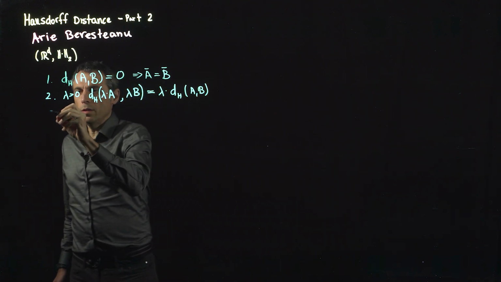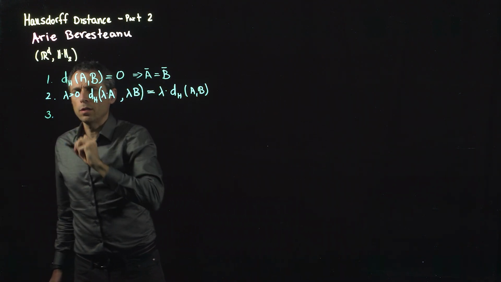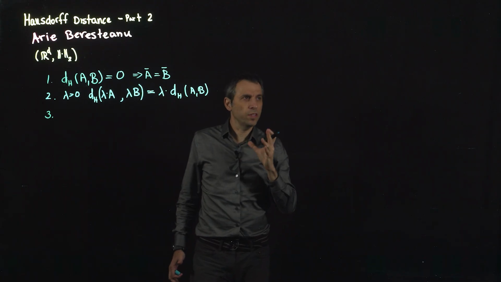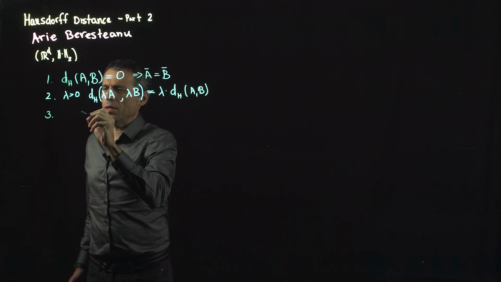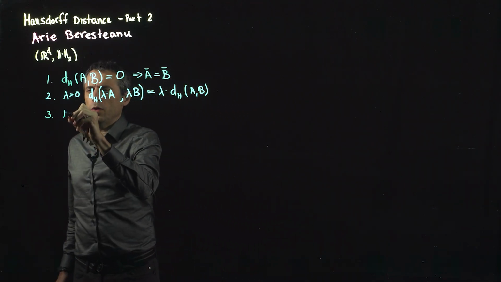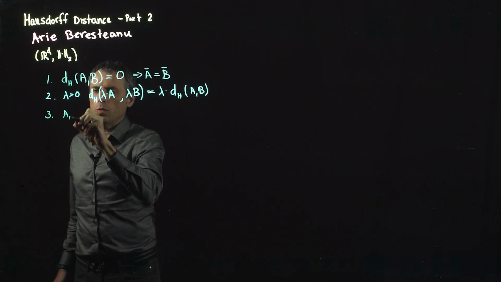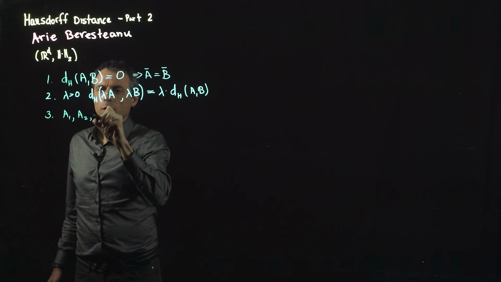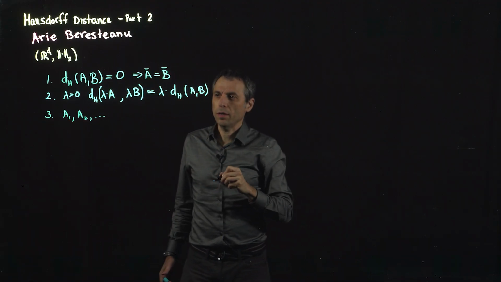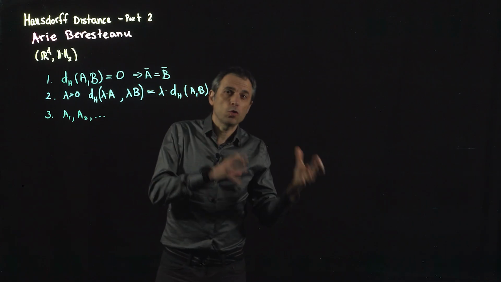The third one is basically not a property, it's more a definition, which says that if we have a sequence A1, A2, and so on, of sets, what does it mean that a set converges to another set?